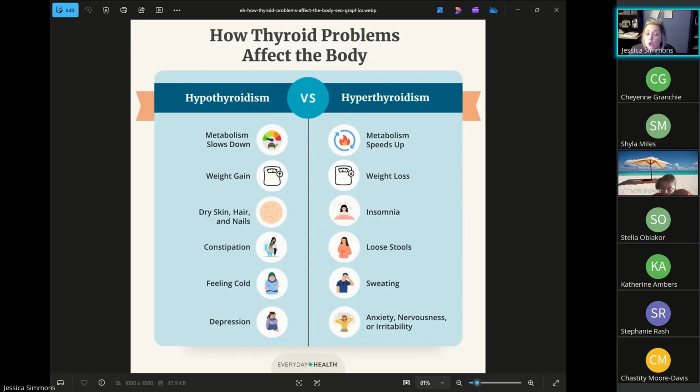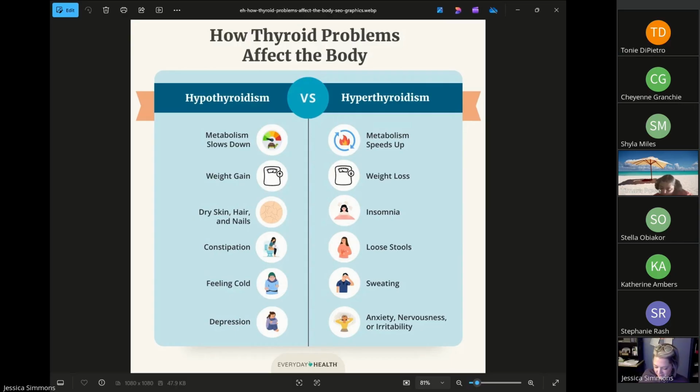Your metabolism is through the roof. So with hypothyroidism you feel like a slug. Hyper, you could run a marathon. You're like, let's go. I don't need sleep. I'm fine. Your metabolic rate is so high. Except that's when you get a goiter and stuff.